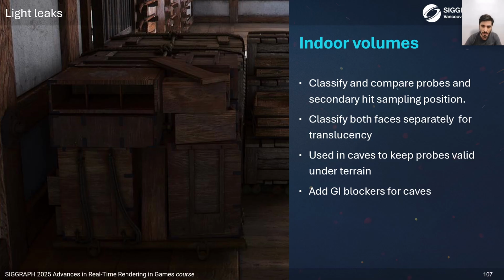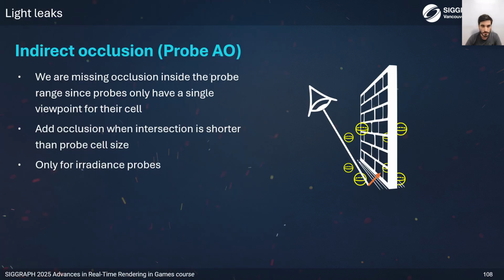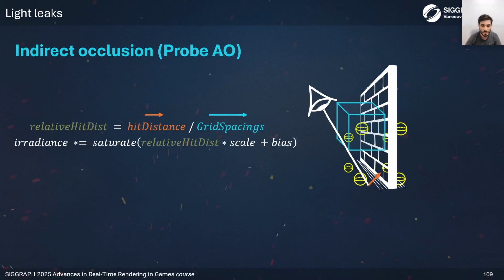Finally, not showcased here, we have also added GI blockers for caves as the lighting was so low, blocking sky leaks was even more critical. Finally, we added a final step of occlusion which we call probe AO, which tries to represent the missing occlusion from inside the probe range when the distance traced by the ray is smaller than the range. So taking the grid spacing into account, if the hit distance is smaller, we will scale it accordingly.